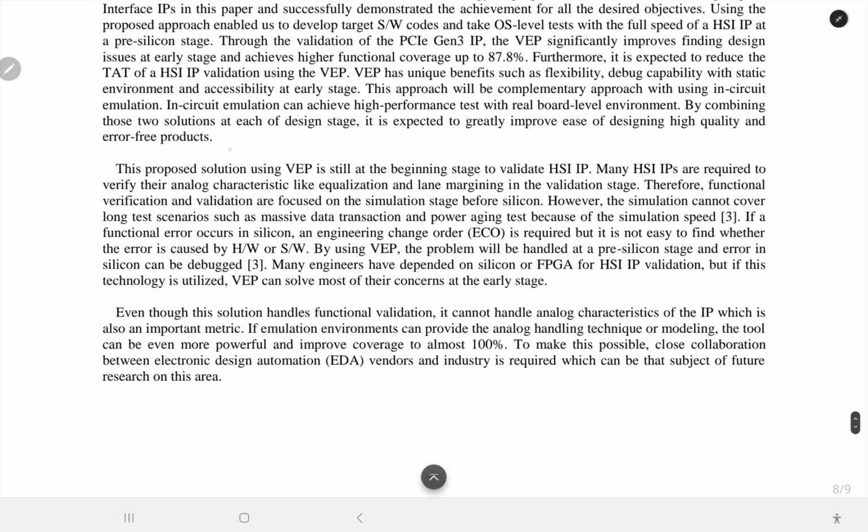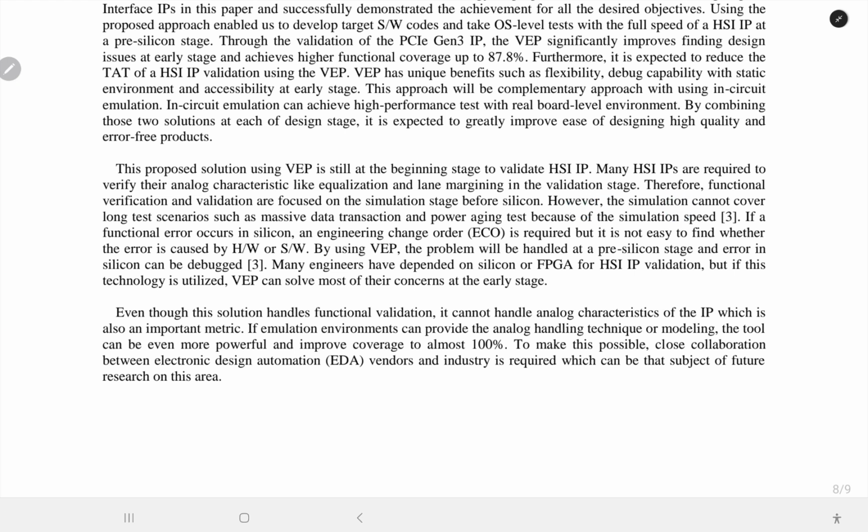This proposed solution using VEP is still at the beginning stage for validating HSI IP. Many HSI IPs are required to verify their analog characteristics like equalization and lane margining in the validation stage. Therefore, functional verification and validation are focused on the simulation stage before silicon.